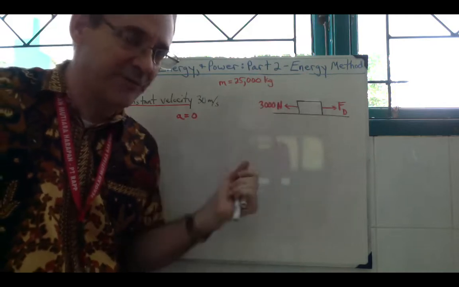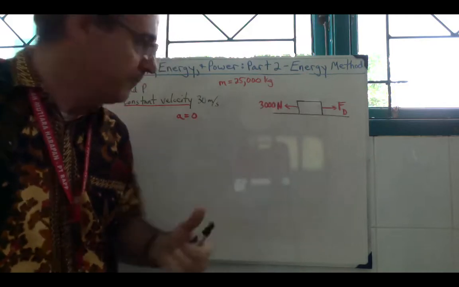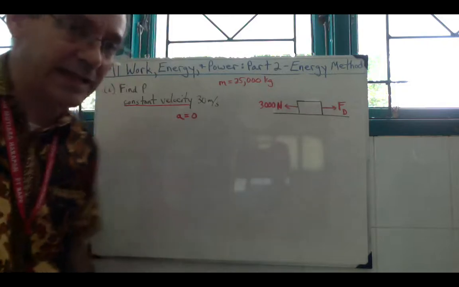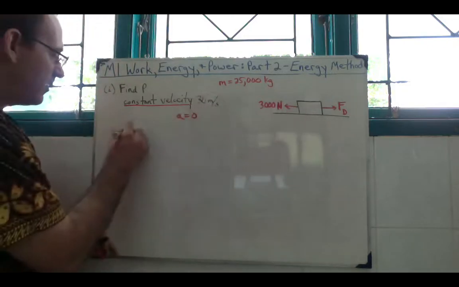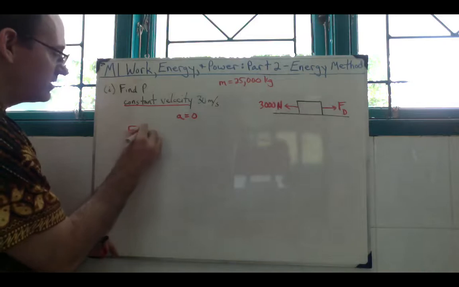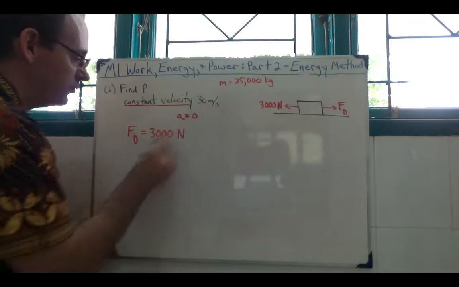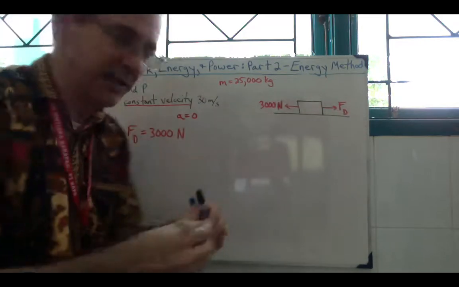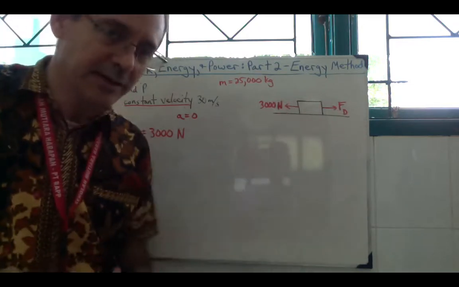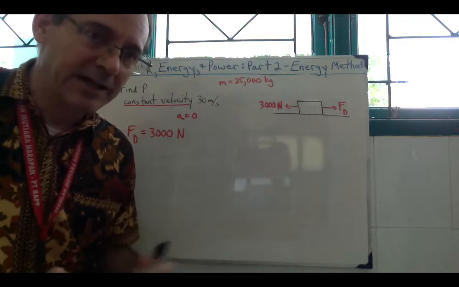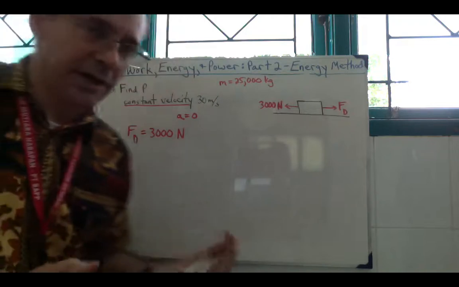The net force is 0. So our driving force is equal to the 3,000 newtons. Because the two forces are equal, it is going at a constant velocity, which was Newton's first law.